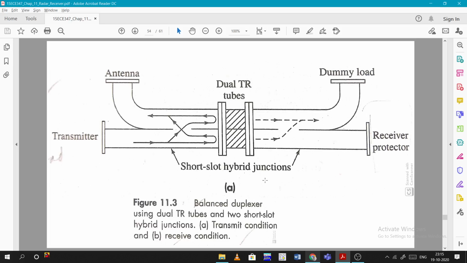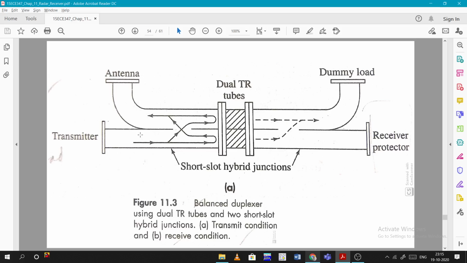While transmitting, nothing will be fed inside of this. It looks somewhat like a coupler, but it's not.